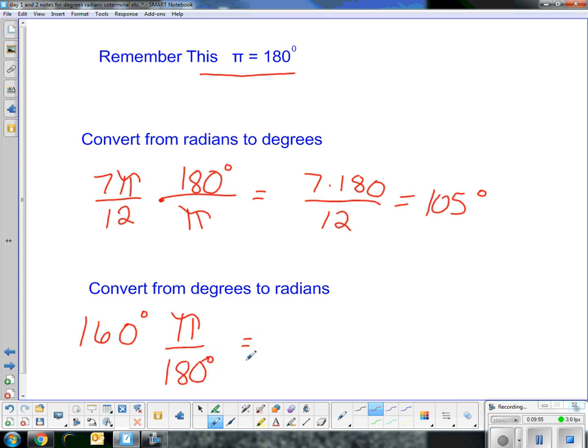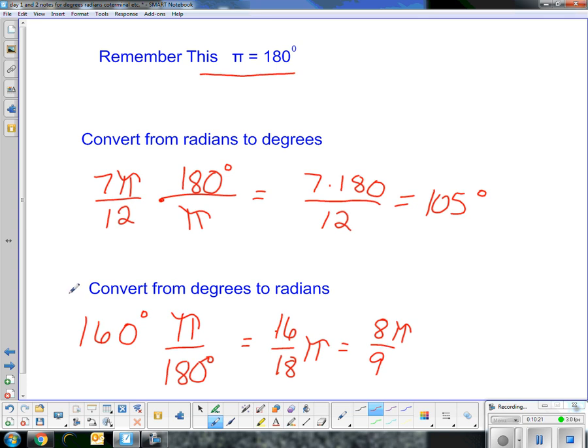So this is really just reducing the fraction 160 over 180. You might be able to do that in one step, or maybe it'll take you a couple of steps. I would probably think of it as 16 over 18 pi, and then realize that both of those are divisible by 2, and get finally 8 pi over 9.